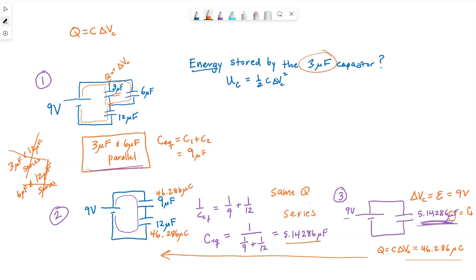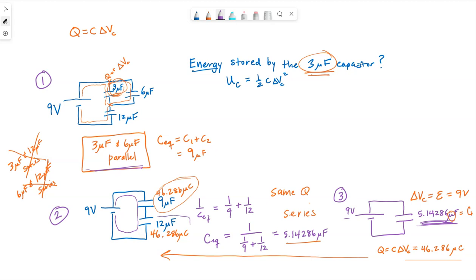Now, unlike the last problem, we were finding the charge and potential difference on every single capacitor. In this particular case, we've been asked for only the energy of one of them. That one we care about is the 3. So I know the 3 is accounted for in this equivalent capacitance, so this is the only one I'm going to continue back with.